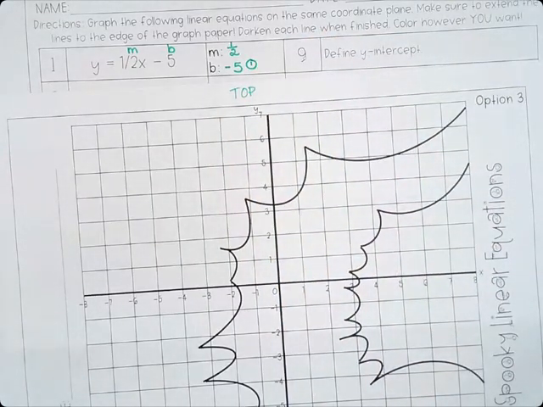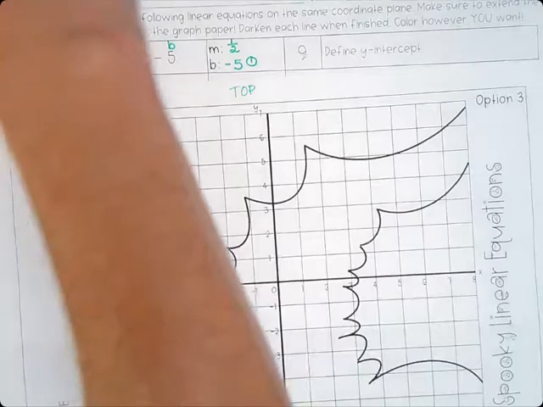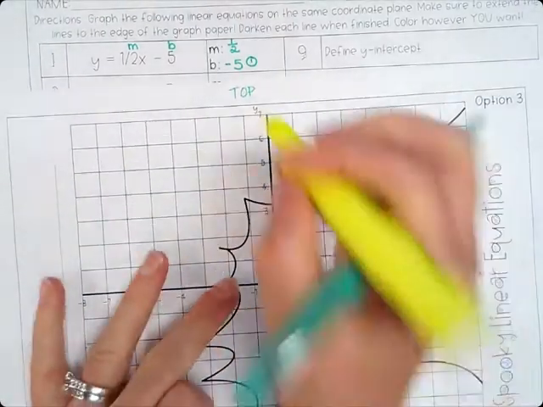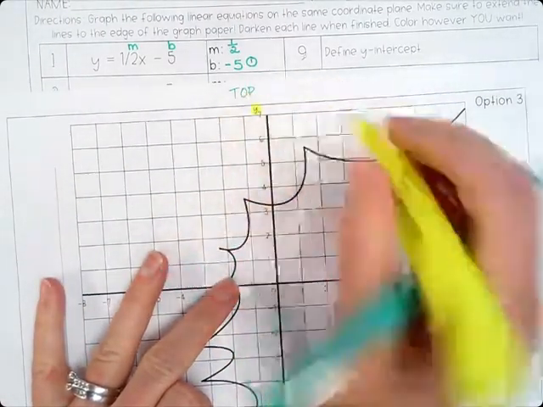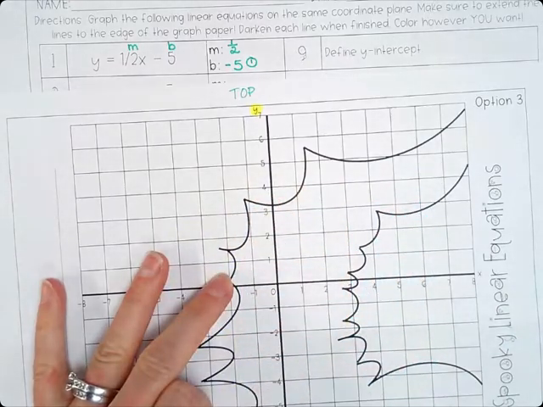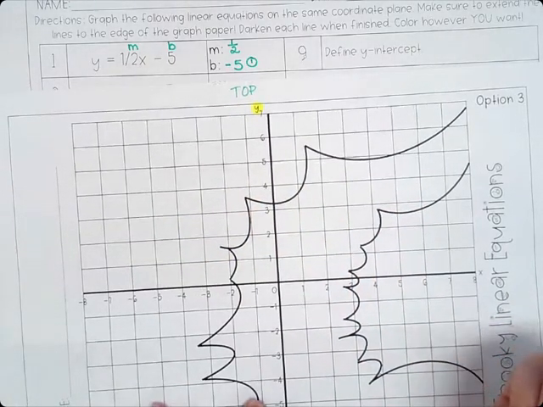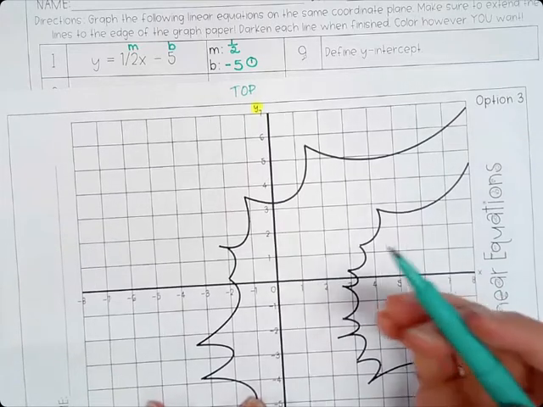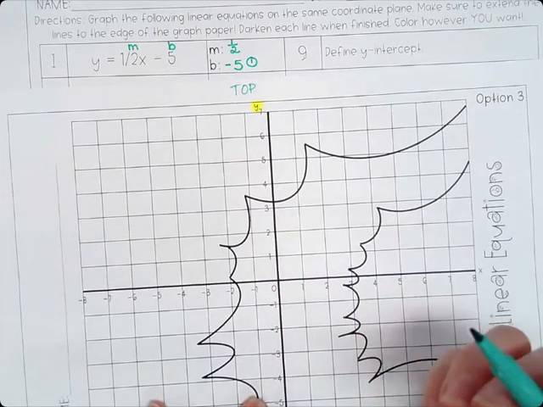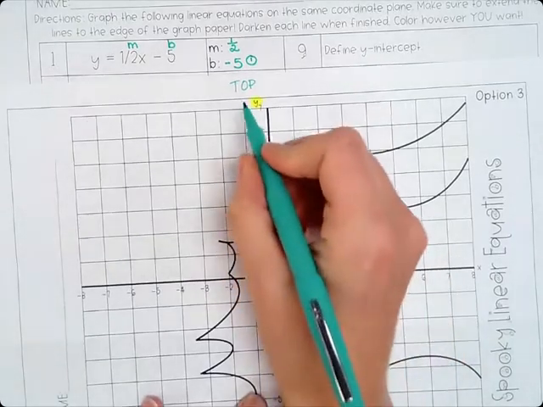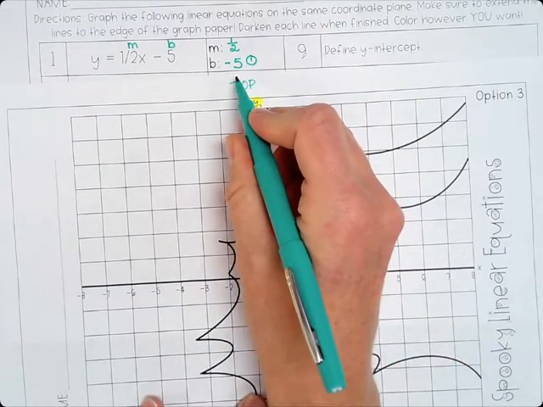I want to go to the y-axis. I'm going to highlight the y. That's telling us that this is my y-axis. I need to highlight my y-intercept and put a point at that location. So I'm going to put a point at negative 5 on my y-axis.